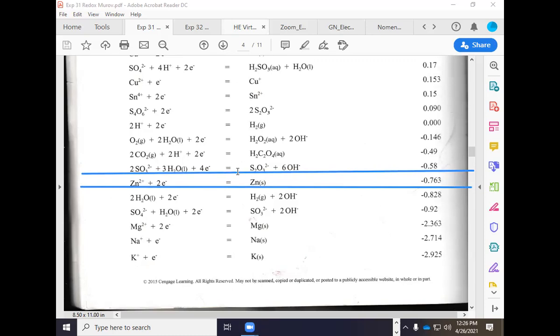And see, the zinc is on the wrong side, so we are going to need to reverse. So here's our half reaction, but we need to reverse it. And we're also going to have to reverse this sign.